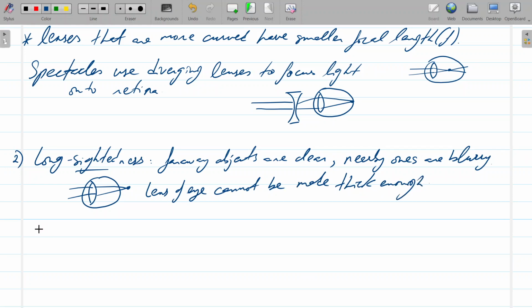And so, as you would expect, the spectacles that are prescribed use converging lenses. So now you've got one converging lens because the eye cannot make its lens thick enough.